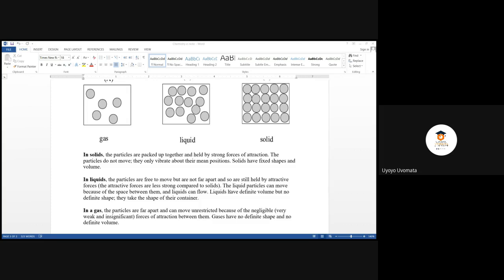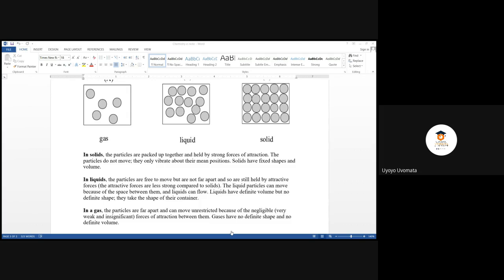They are not restricted in their movements. Why is this so? Because the forces of attraction that hold them together are very weak, quite insignificant. Because the forces are so weak and insignificant, we can say the forces are negligible.